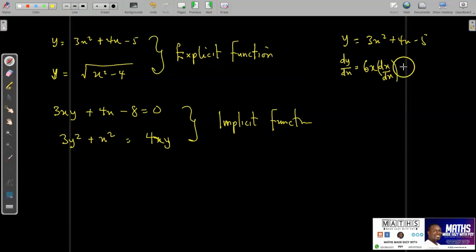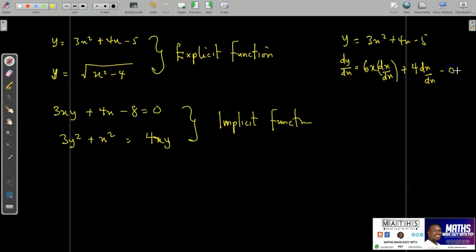Then again, the next term is 4x. So differentiating 4x with respect to x, it becomes 4, and I hope you know why we are getting 4. But it becomes dx over dx again, so it also gives you 1. It gives you plus, okay, minus 0.